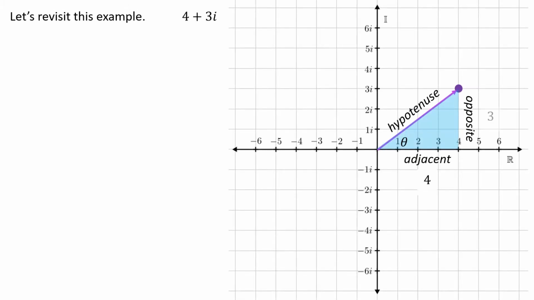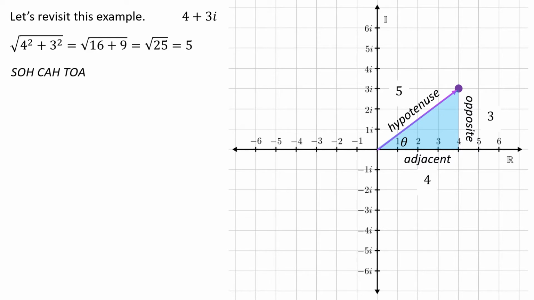So this example was on a previous slide where I said, hey, let's take a look at the number 4 plus 3i. Figured out that the hypotenuse was going to be 5. That, of course, is the radius of the circle or the magnitude of the vector. And then, of course, we did some SOHCAHTOA and said, hey, tangent is 3 over 4.